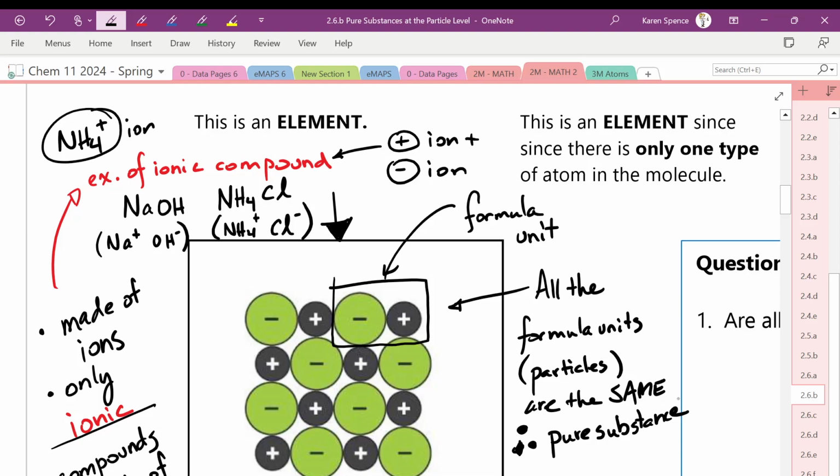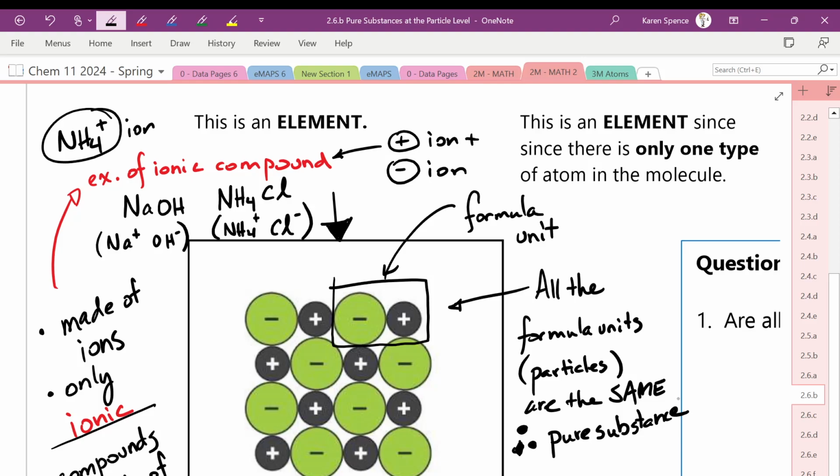I'm going to tell you right now, this question will be on your test on Thursday. It will ask you, what is this? And you'll need to say, it's an ionic crystal lattice. And it will say, is it a pure substance or is it a mixture? Some of you, even though we've spent a lot of time talking about this, will say that it is a mixture. It is not a mixture. Is that thing a pure substance or a mixture?